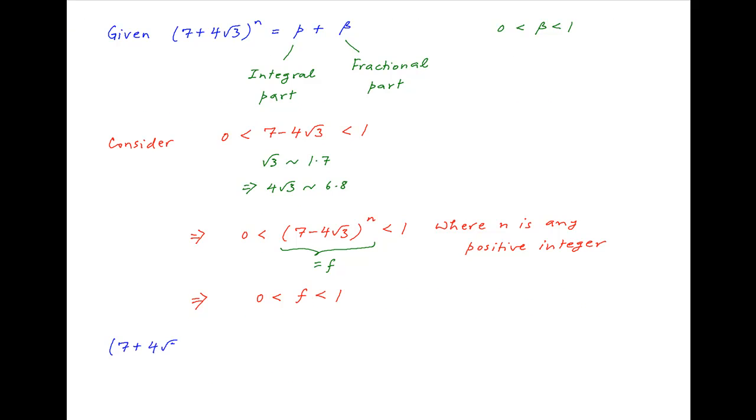Now consider the number (7 + 4√3)^n + (7 − 4√3)^n.